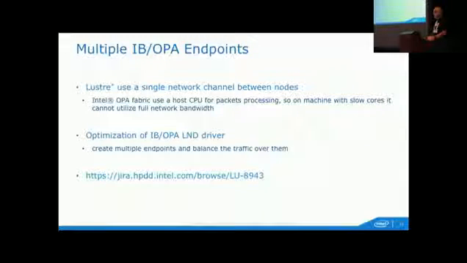We did some optimization in the network layer LND driver, and now we can use multiple endpoints and balance the traffic between them. For more details, you can look at this ticket number.